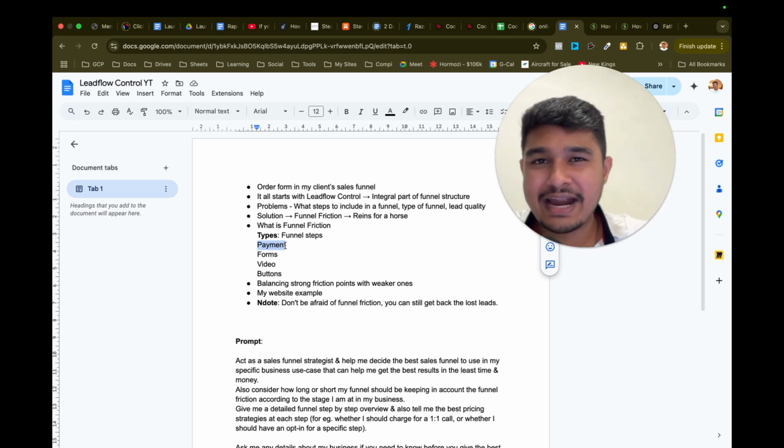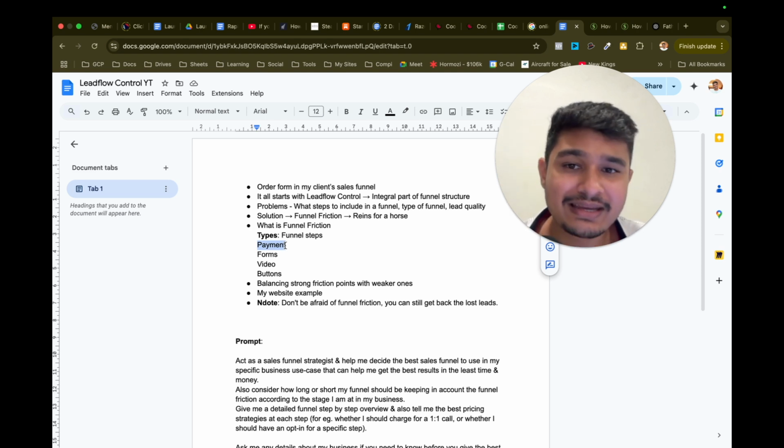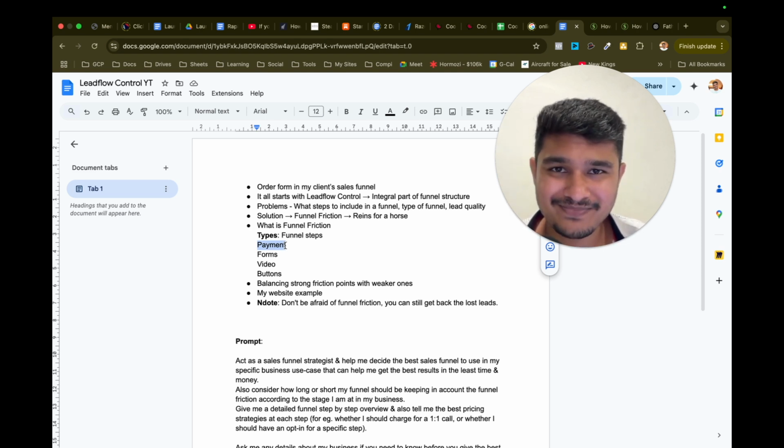But on the other hand, if you're asking people to pay you whatever amount that is before they would be able to move forward, then the funnel friction is extremely high. So payment is, I would say, the highest or the strongest form of funnel friction, right?